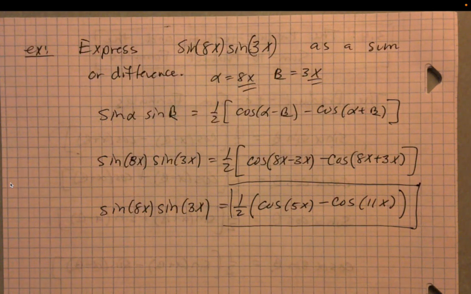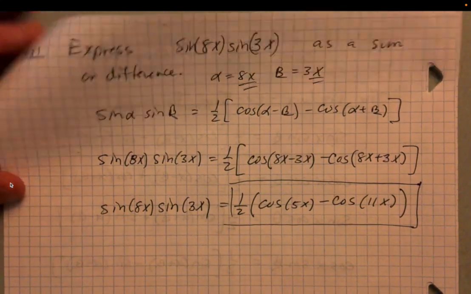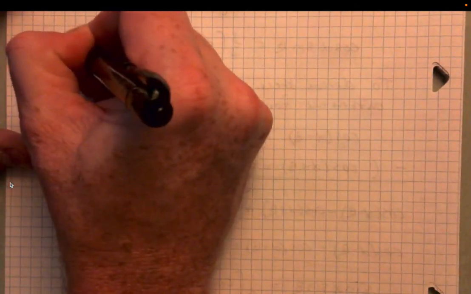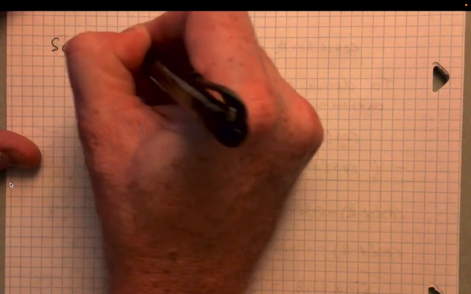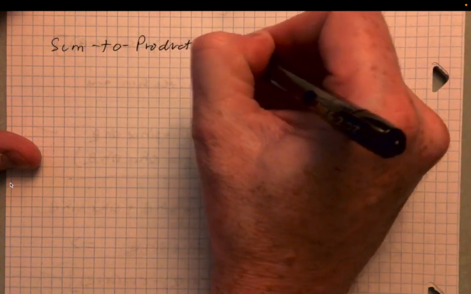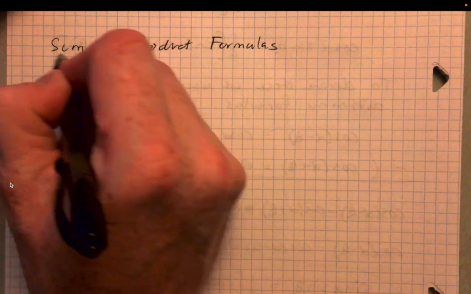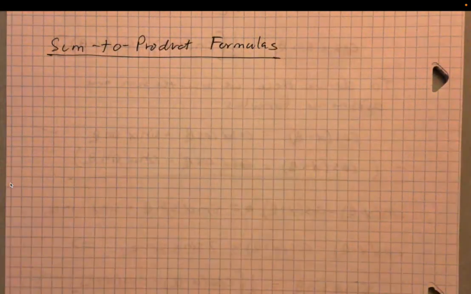Now let's switch to the sum to product formulas. This one has a little bit more involved of a derivation, so I want to make sure to get to this. So these are the sum to product formulas. These are just the reverse of what we just talked about.